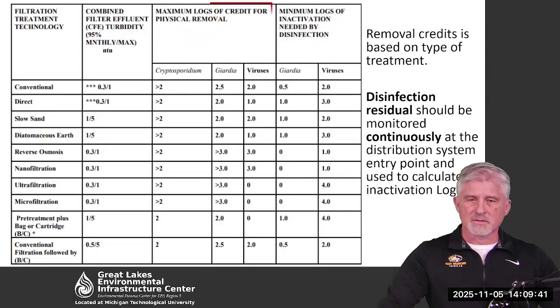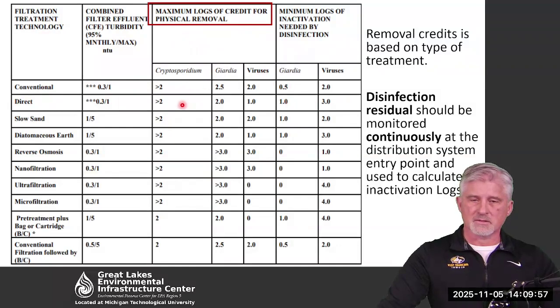So, this table here shows us a few different things. It shows the maximum logs of credit that can be given for removal. So you can see when we were talking primarily about conventional and direct, you can get 2.5 and 2 for Giardia, 2 for viruses, 1 for indirect.